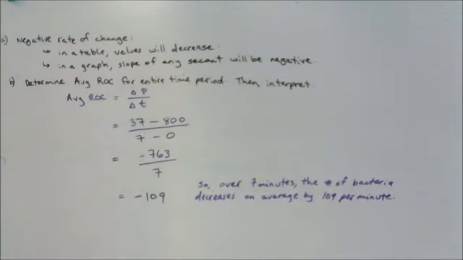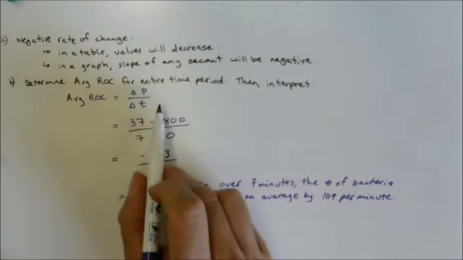Now, does it actually kill 109 bacteria every minute? No. But over the whole scheme of things, if you divide it all by 7 and get the average, then it looks like 109 per minute, okay?